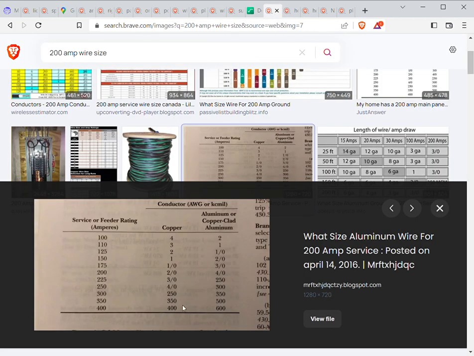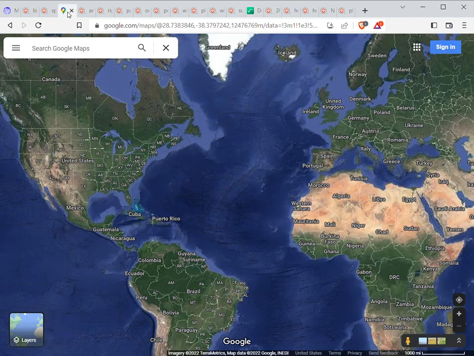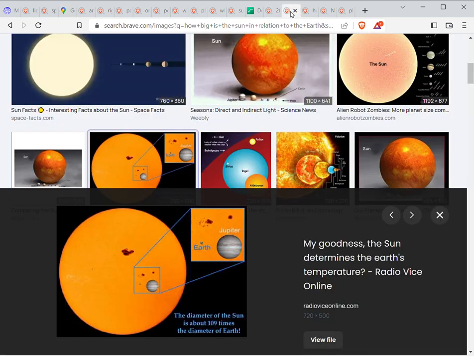I've worked with this stuff primarily, so these are the ranges that I'm familiar with. This is the rate scale that we're looking at. This is how big the sun is in relationship to Earth.